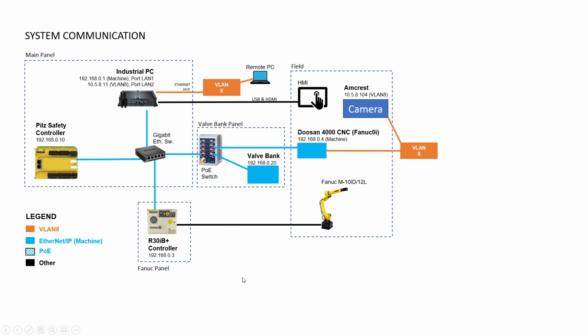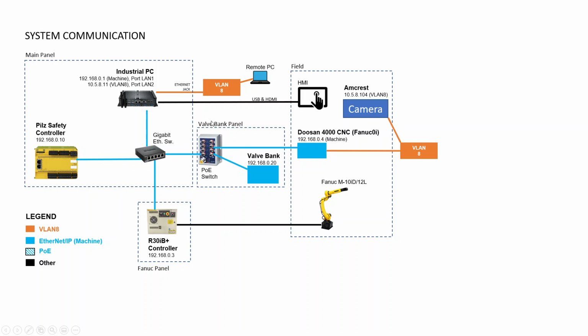So you'll see some commonality there, but you'll see that within the main panel we have an industrial PC. That's really the primary controller for the entire work cell. We also have a dumb switch, which connects several devices both inside and outside of that main panel. And then we have a PILS safety controller in there as well.